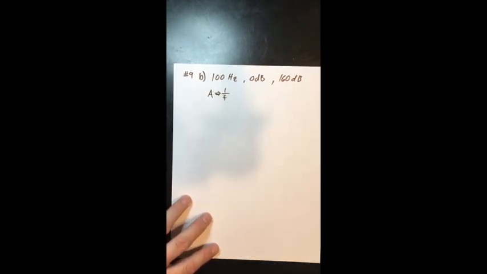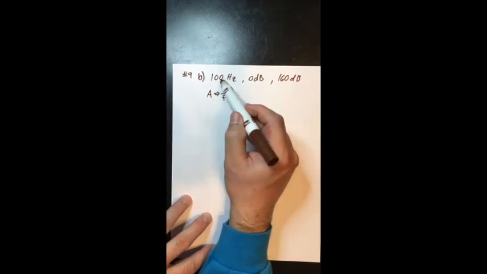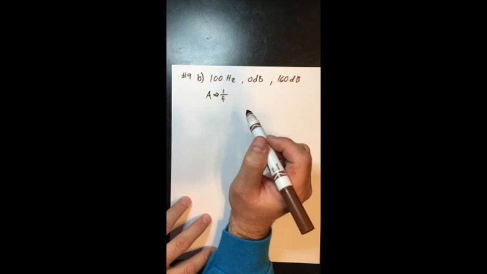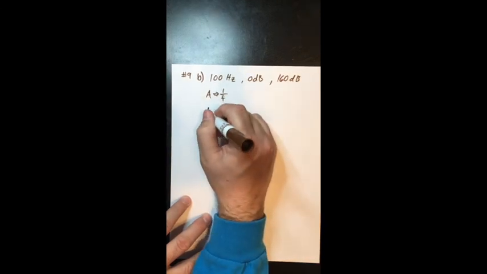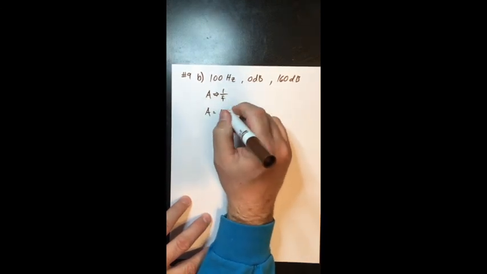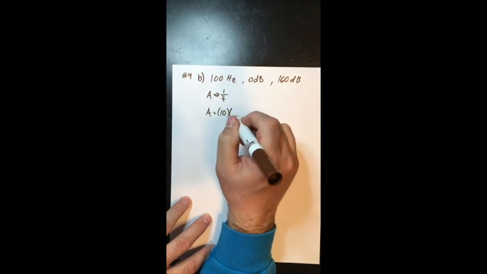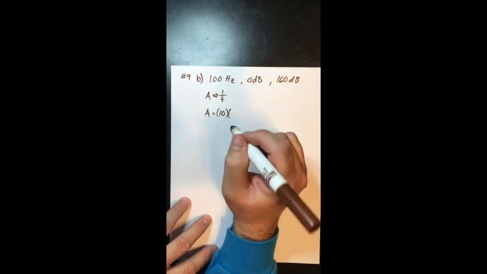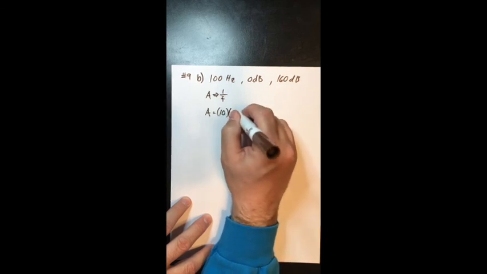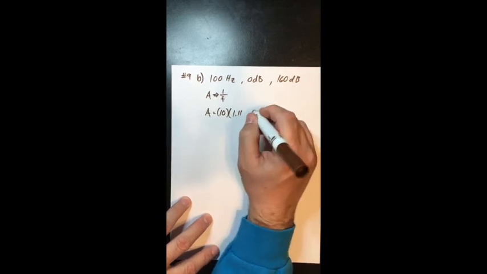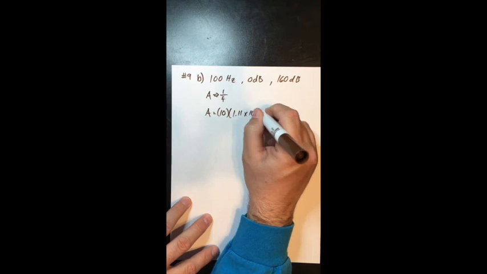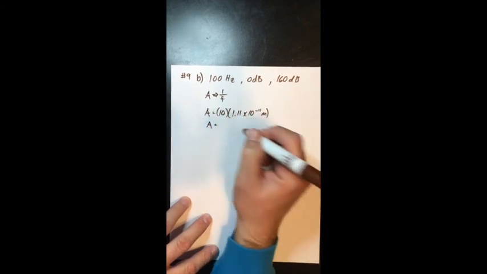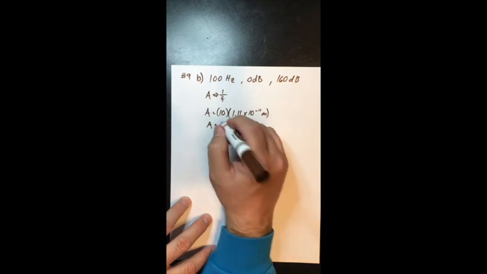So if I have decreased my frequency by a factor of 10, then I'm going to increase my amplitude by a factor of 10. So the new amplitude is just going to be 10 times what it was for example 9a, where our answer was 1.11 times 10 to the negative 11th. So 1.11 times 10 to the negative 10th.